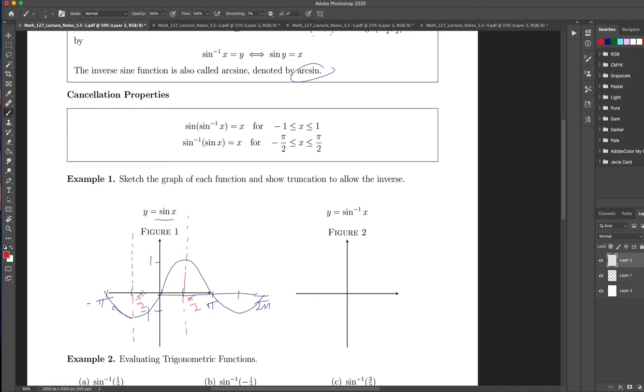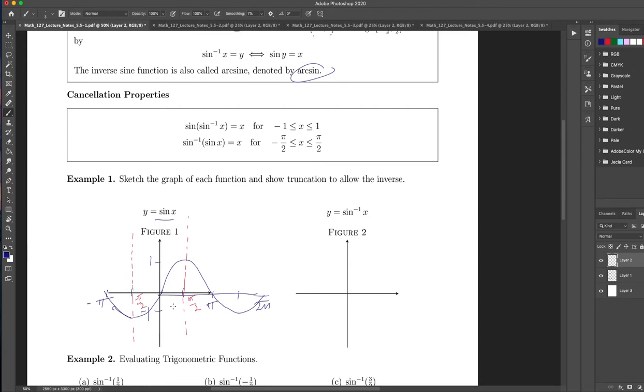So we just flip this over the x-axis. Remember, you can do this, flip over the line y equals x. Oops, no, hold on. Let's be very clear about this. That's for sine.